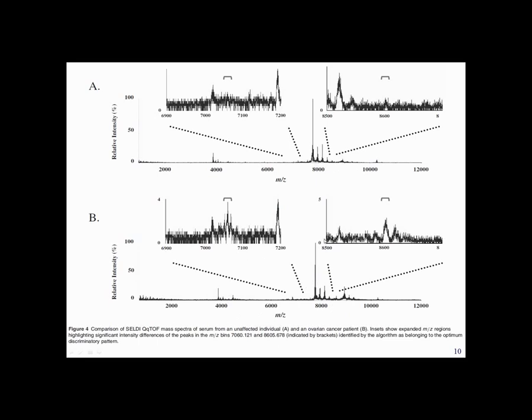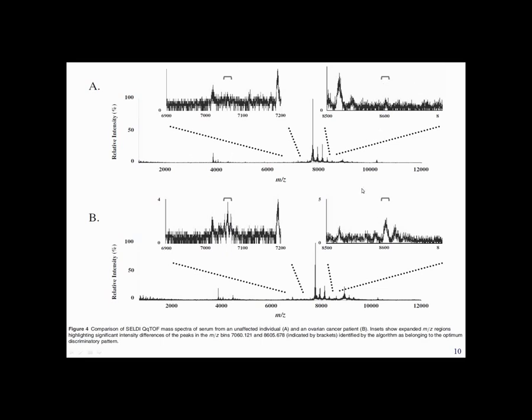And if you zoom in, perhaps in this region around 8,500 m/z, so Daltons perhaps, you see that in this sick person's sample there is a peak at 8,600 which is not there for the healthy individual, and likewise you see a peak around 7,050 for the sick spectrum, and you don't see this peak in the healthy spectrum.